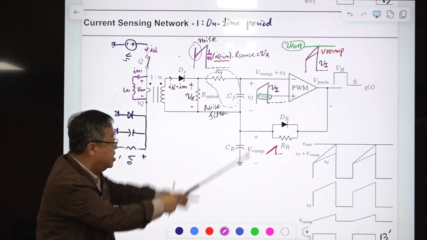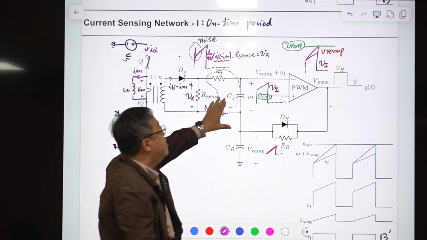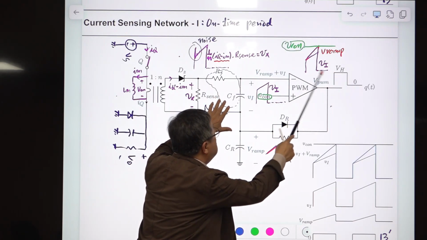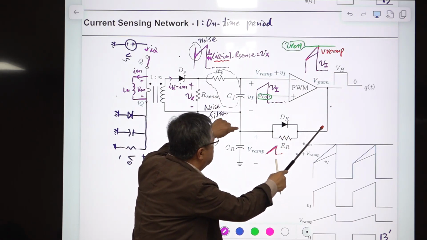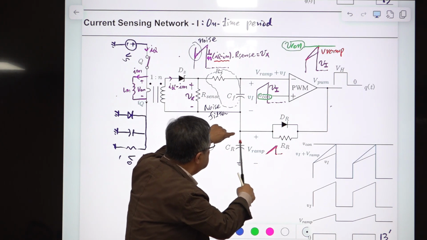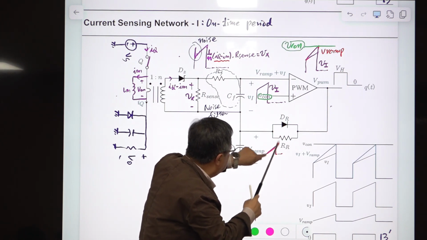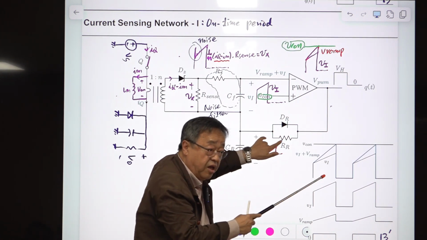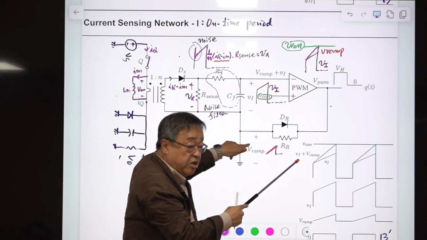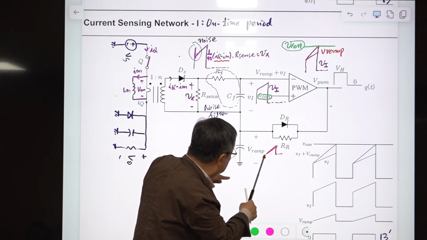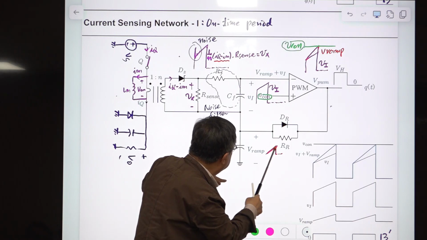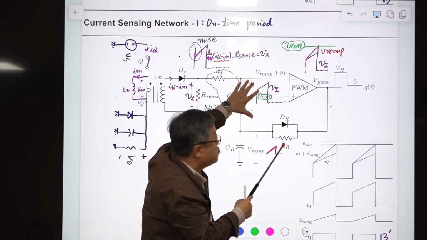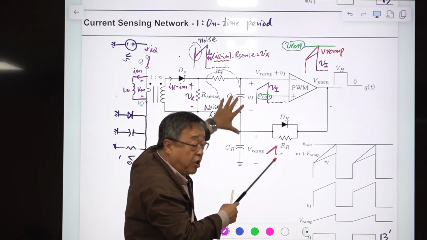Vi is here, and suppose this is the high value. Then this will charge through this, and this CR is charged through this RR, and the time constant is very large. So this slope is very gradual, and it reaches here, and they are added together by this simple connection.